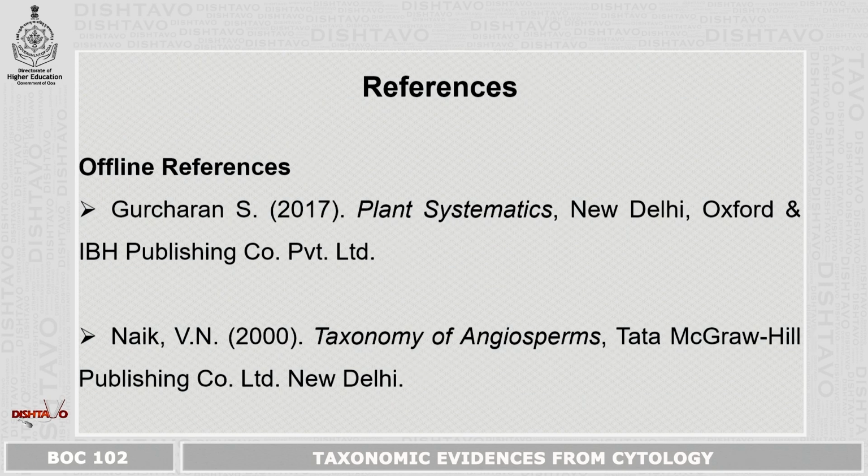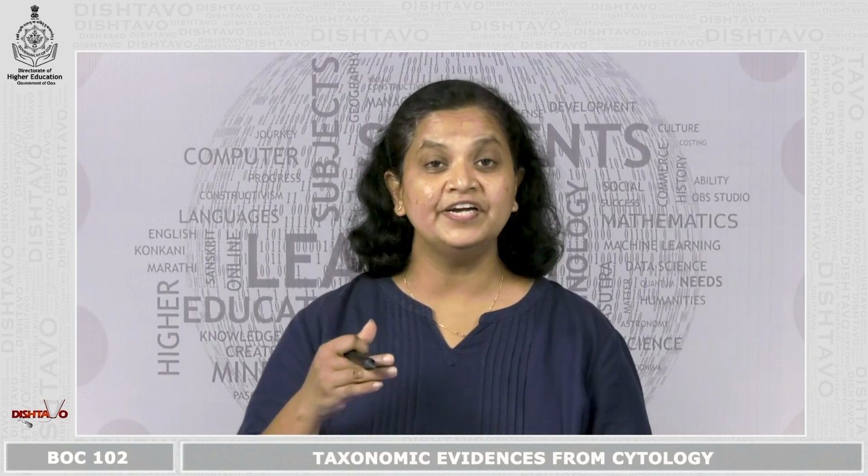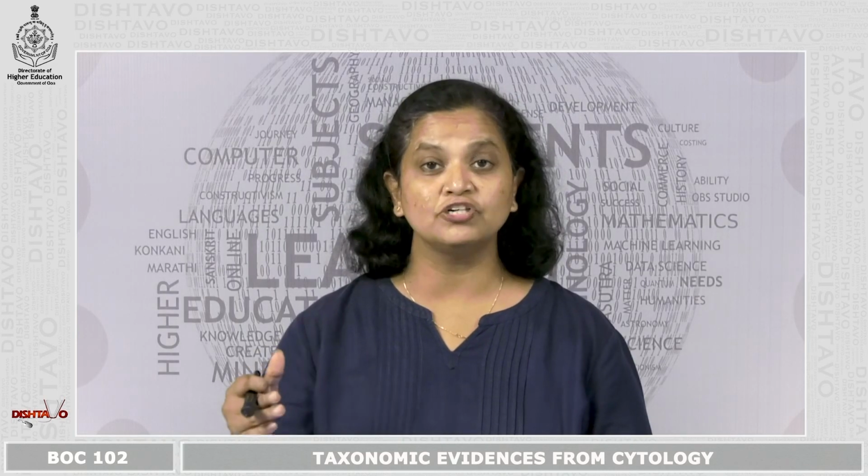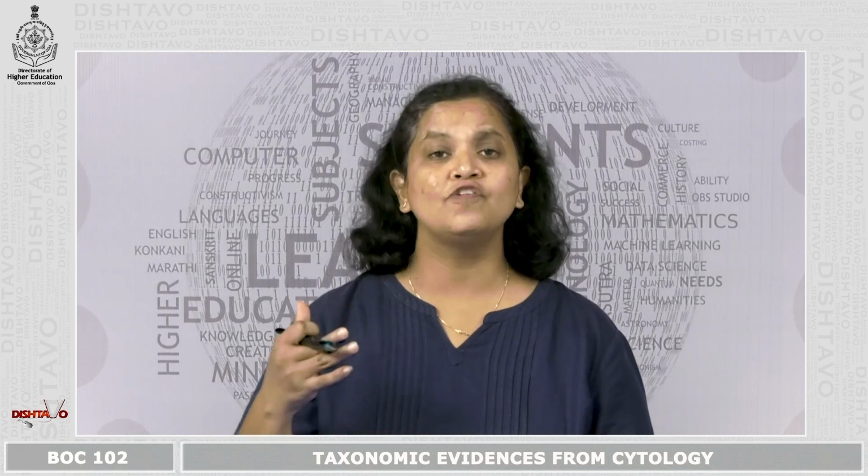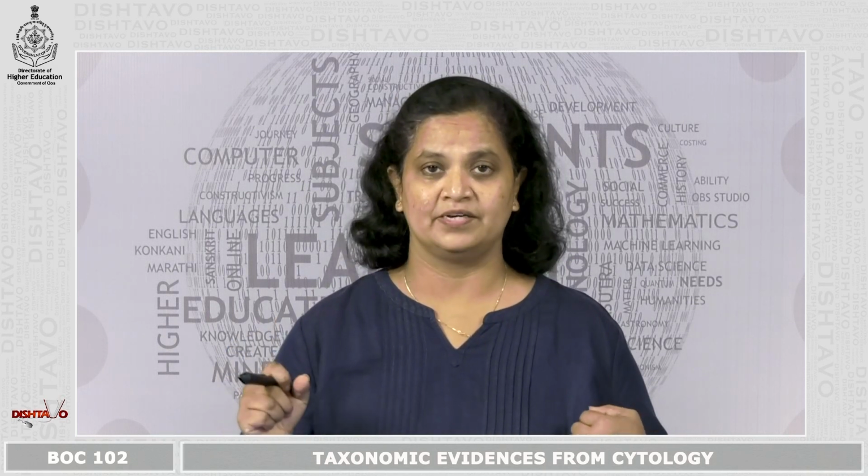So students, you have seen how various examples have shown that the evidences from the cytological point of view, with chromosome structure, number, behavior, have helped to solve the disputes and bring some families together or place them far apart.